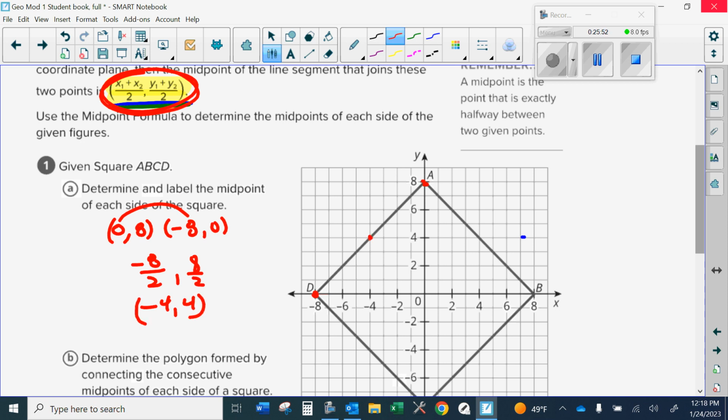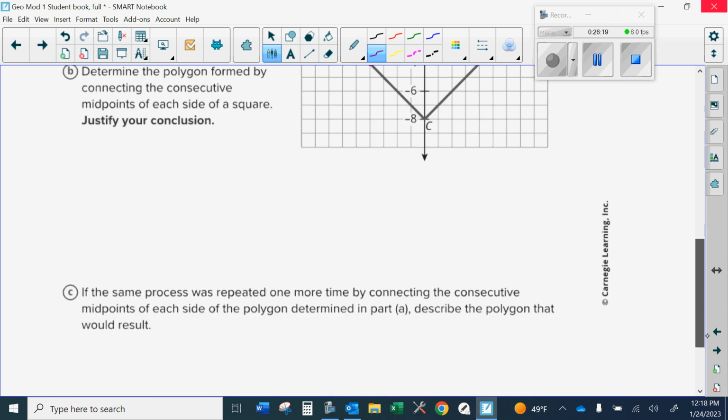I could do the same thing with the other ones, and I get that one, and that one. Okay. This is a square to begin with, and if you do that with squares, they just continue to be squares. Okay, I could do it again, and then I have it there, there, there, and there. Connect that, and those would continue to be squares. Okay, and you could keep repeating that. That's a special thing with squares.